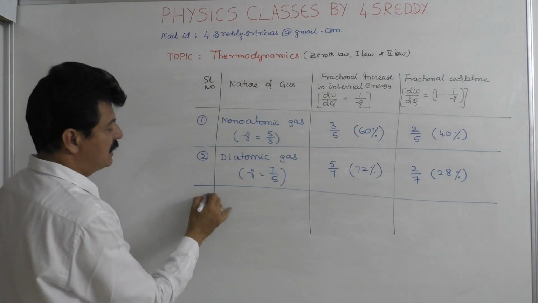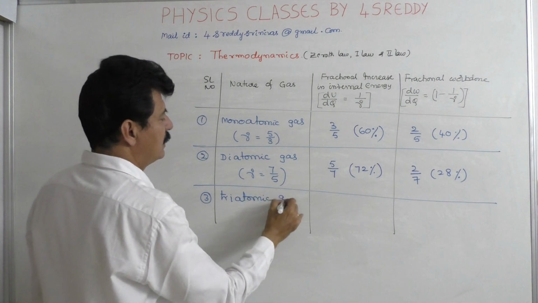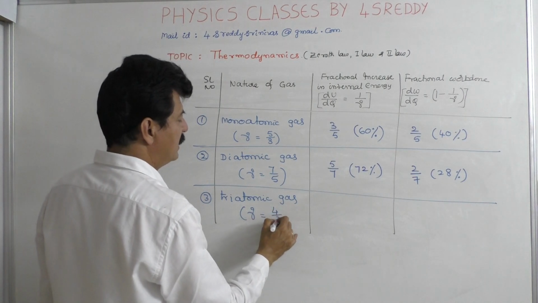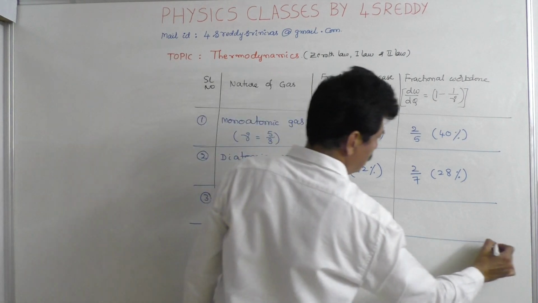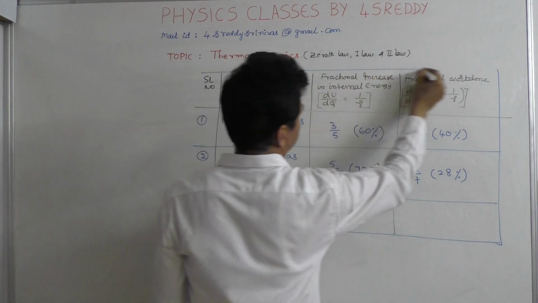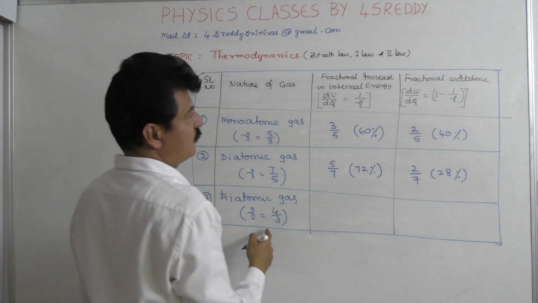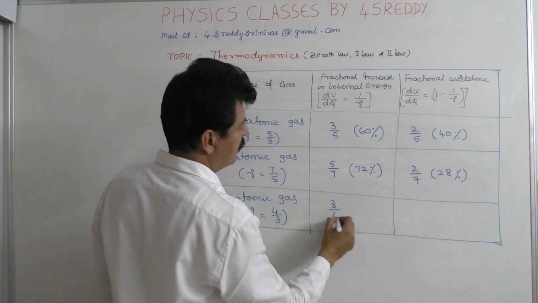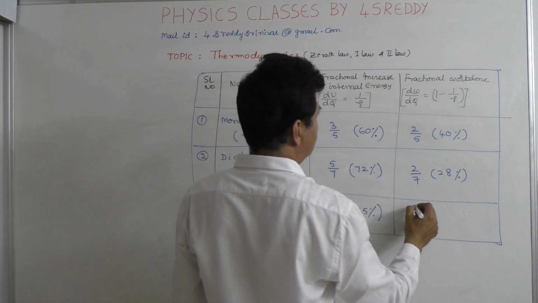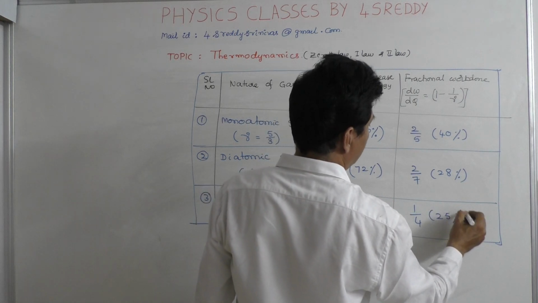And when you consider the triatomic gas, then gamma is equals to 4 by 3. In that case, 3 by 4, which is equals to 75%, and this is 1 by 4, which is equals to 25%.